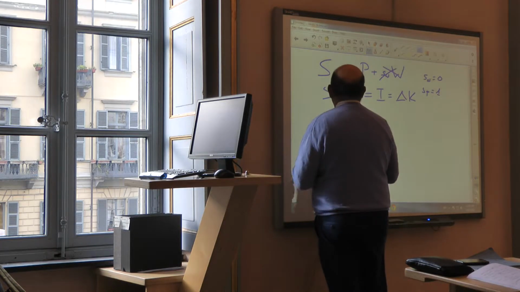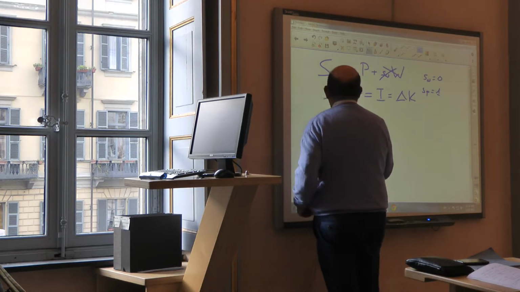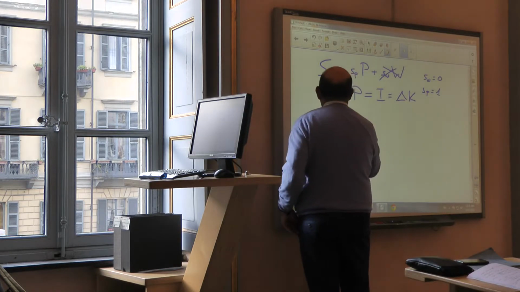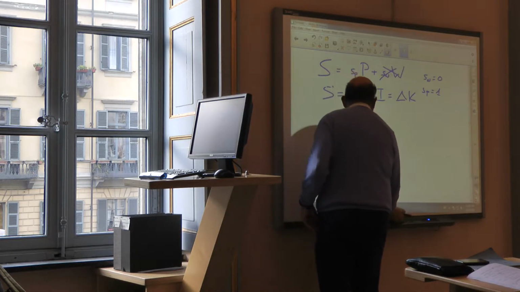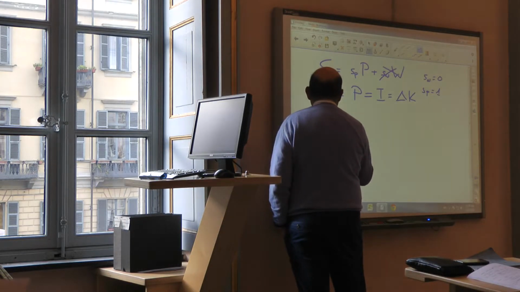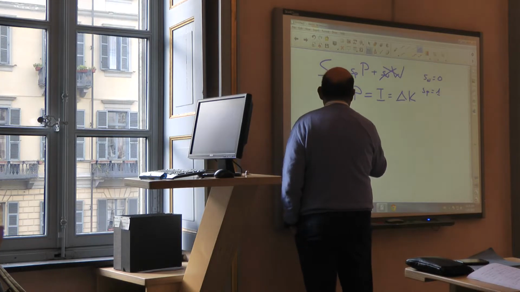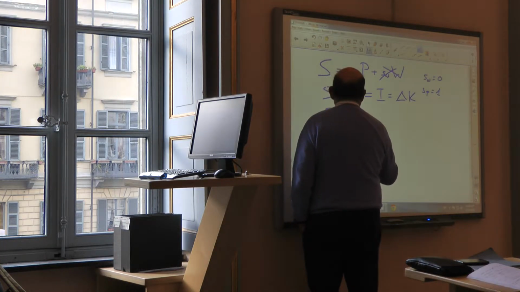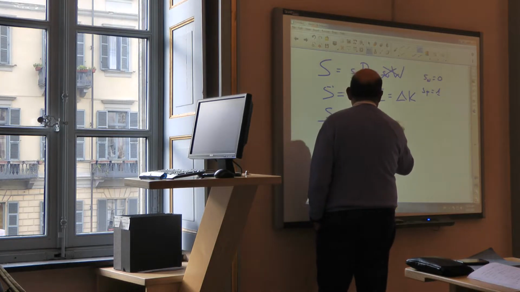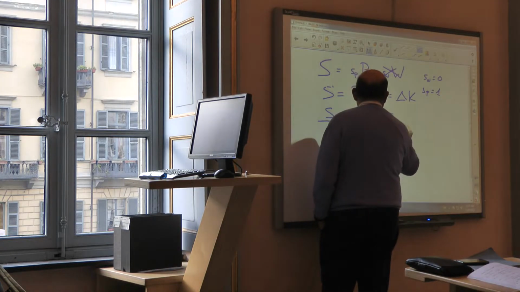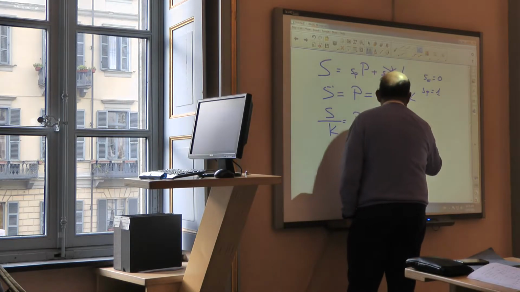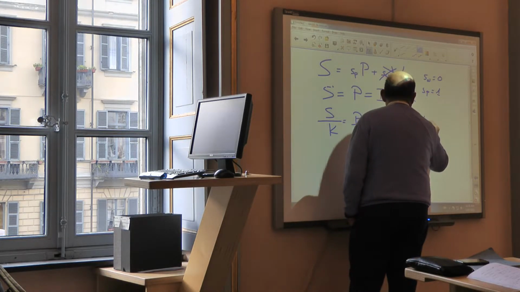So once I take again the rate of profit, and divide everything by capital, S over K equals P over K, which is equal to the rate of profit, which is equal to investment over capital, which is equal to the increment of capital.